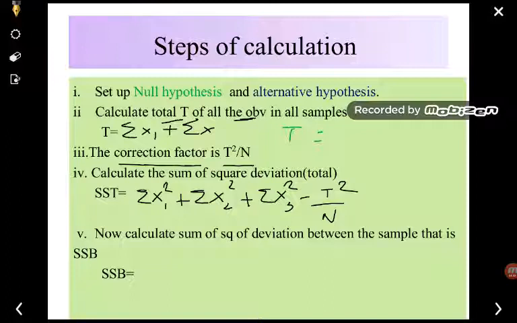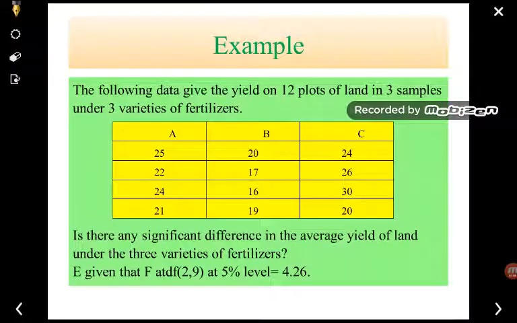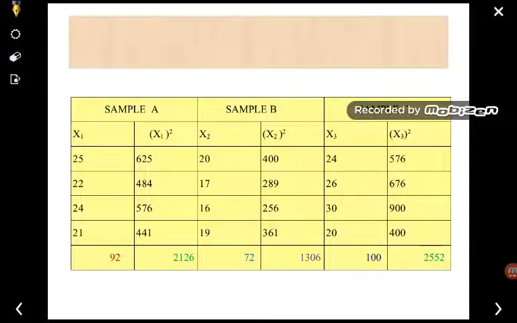The next step is to calculate the SST. SST can be calculated by the summation of x square, so we square each and every observation and then add them.